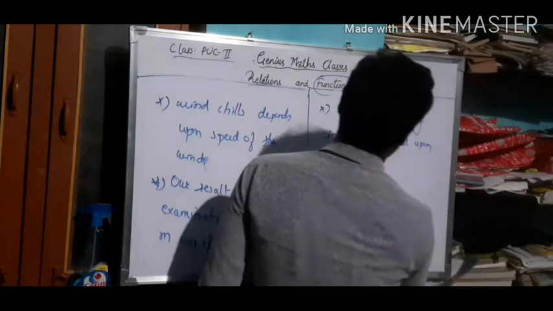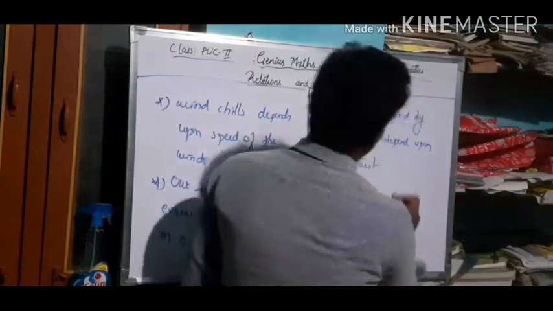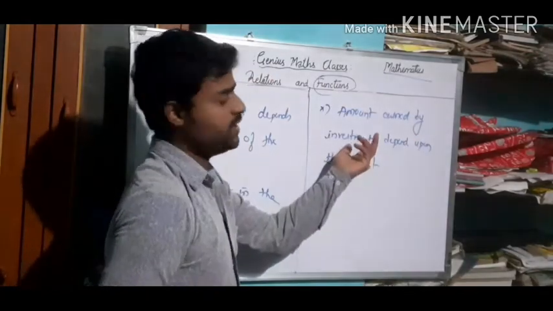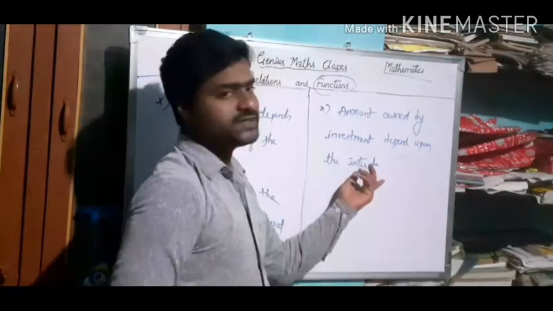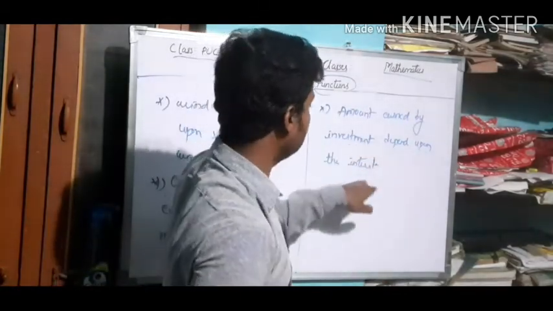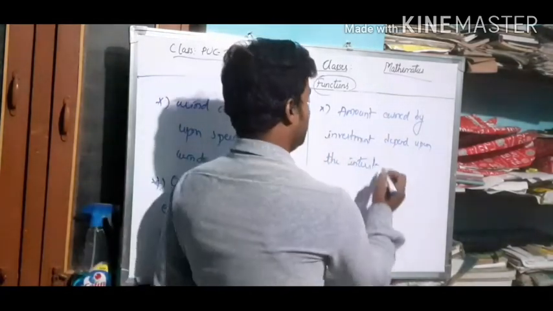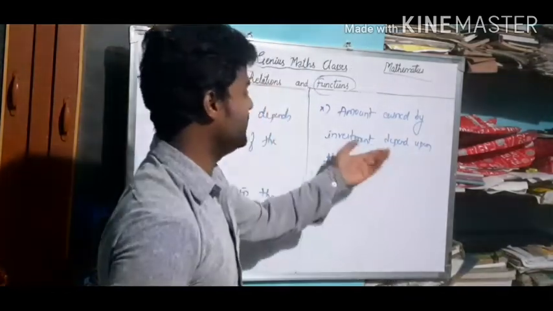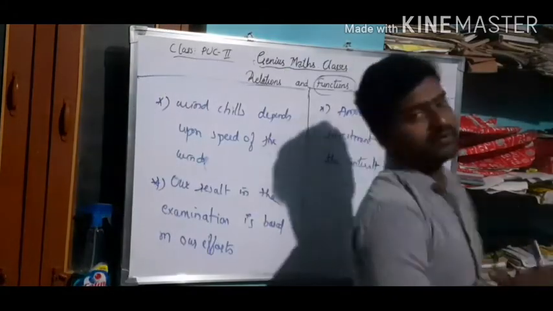Whatever amount is earned on the investment depends upon the interest. As the interest increases on the investment, the amount will obviously be more, and if the interest is less, then the amount is less. So these are some real world problems.